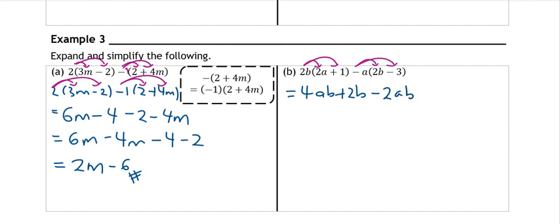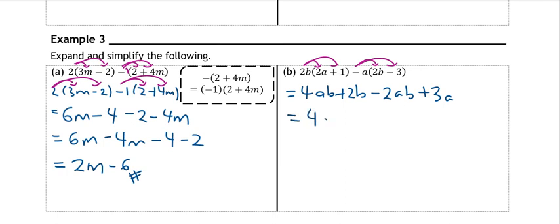And then negative a times negative 3 will be negative times negative is positive, and 3 times a is 3a. Let's check again whether you can simplify anything over here. You can see that 4ab and 2ab are like terms.